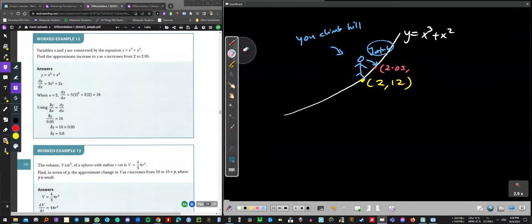Dia jadi berapa tu? Bukan kalau saya pakai calculator dapat ni ke? 17.23.